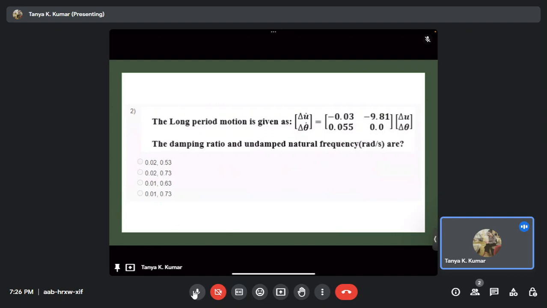So if this is A, consider this matrix to be A, you have determinant of lambda I minus A equals 0. This is how you find out the characteristic equation, right?